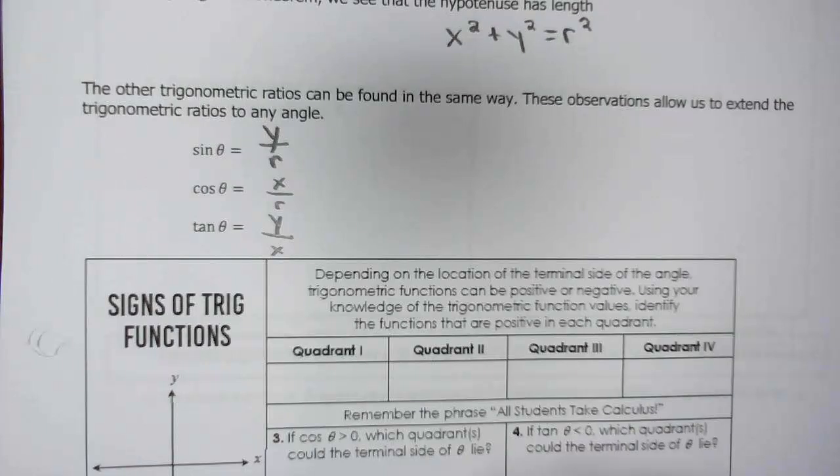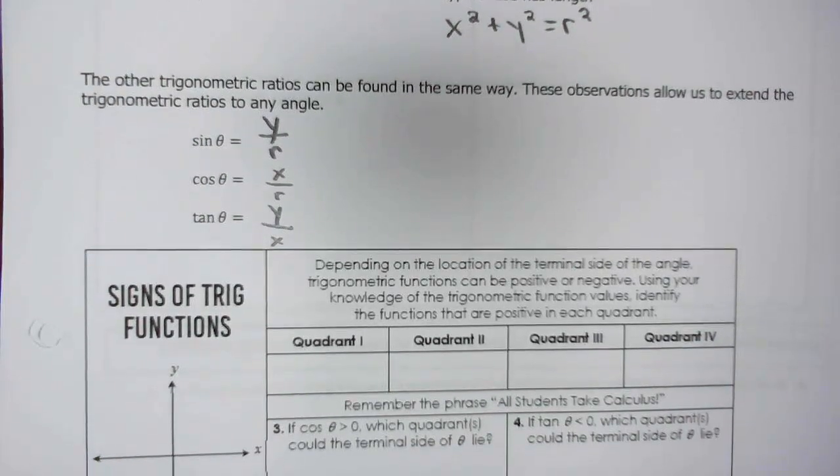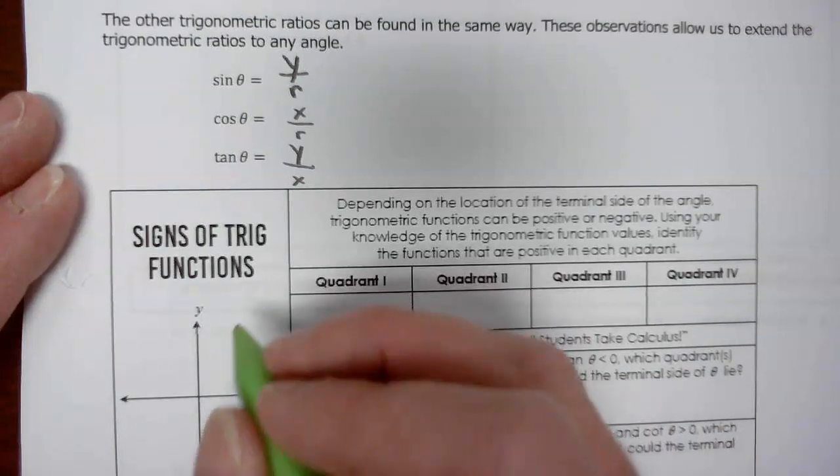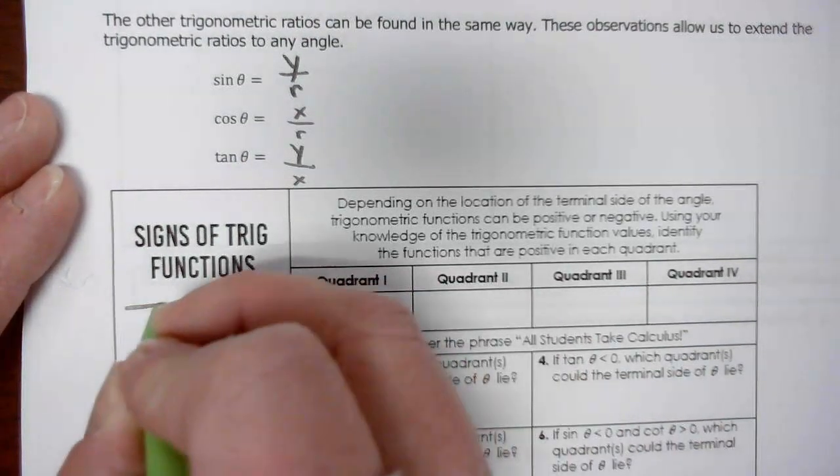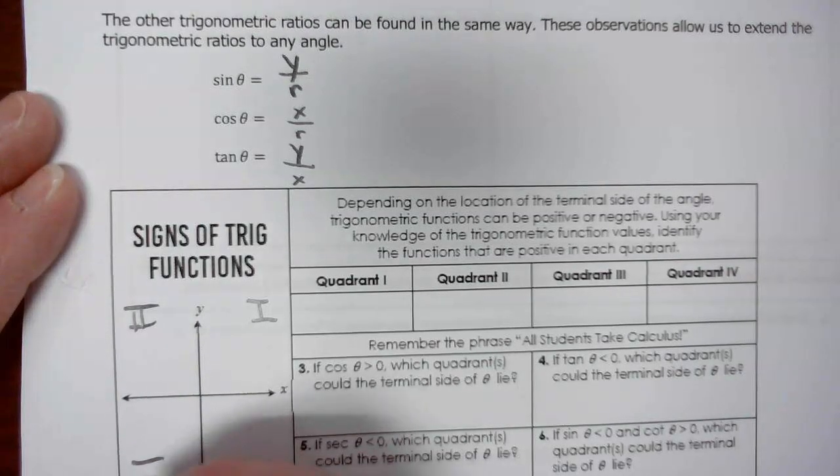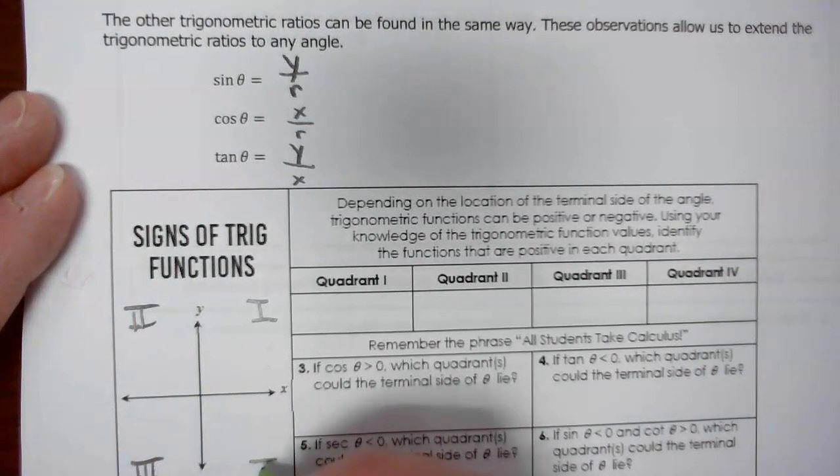Now, depending on the location of the terminal side of the angle, these functions will either be positive or negative. So let's think about our quadrants. So we have quadrant 1, 2, 3, and 4.